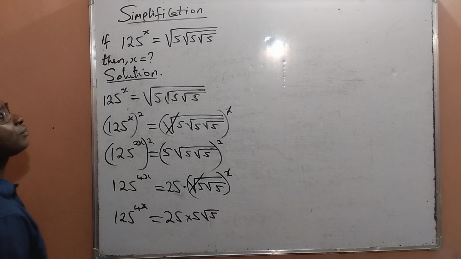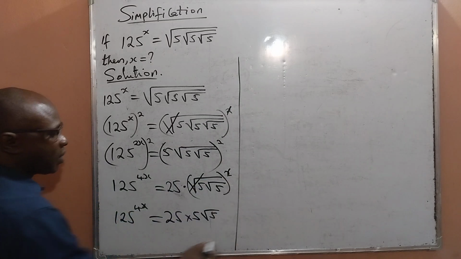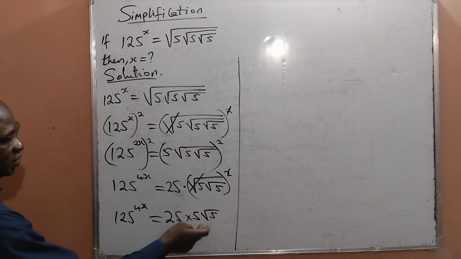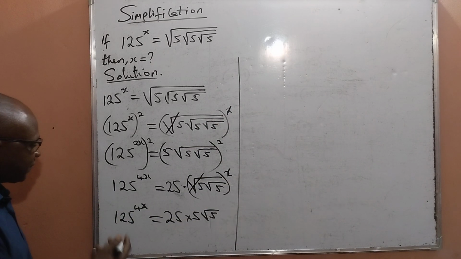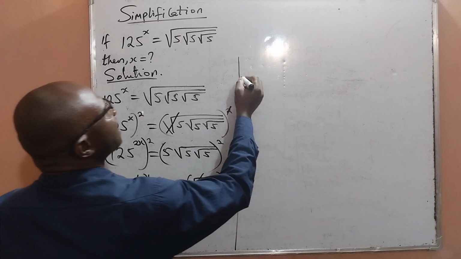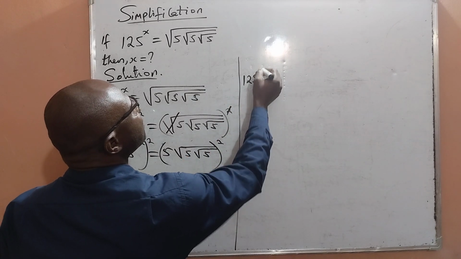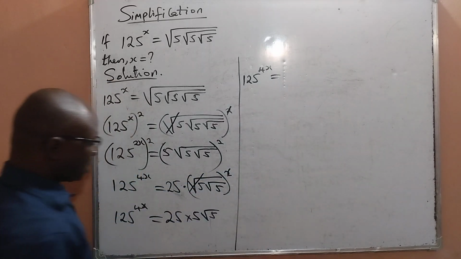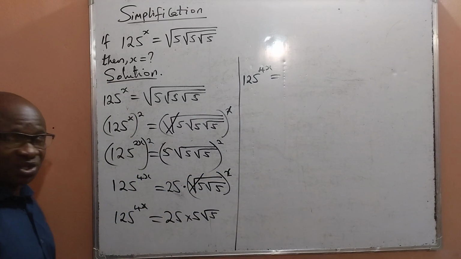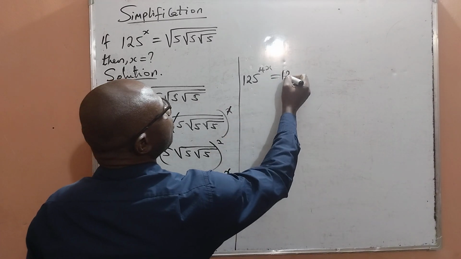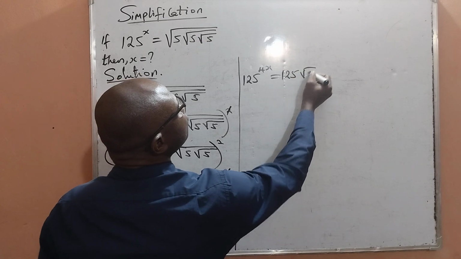Now, moving forward, I can multiply 25 by 5 to get 125. So from the left hand side, I have 125 raised to the power 4x equal to 125, then root 5.